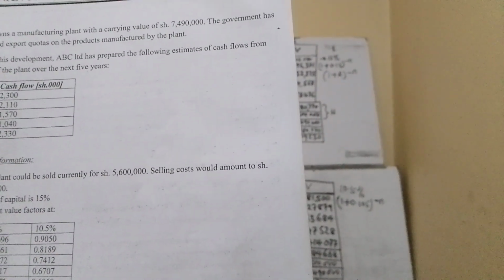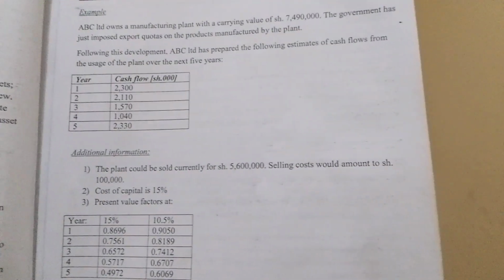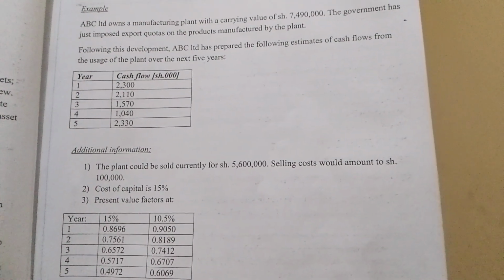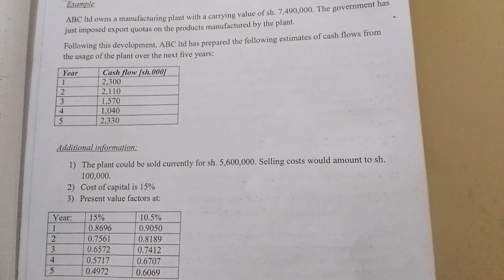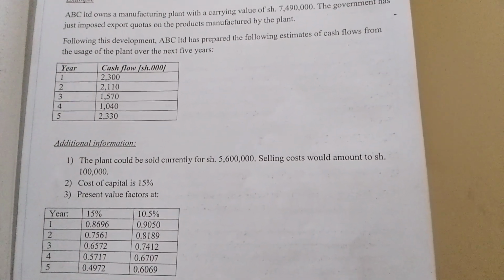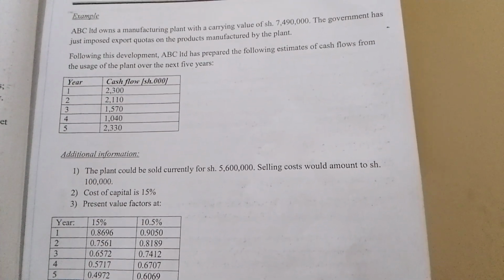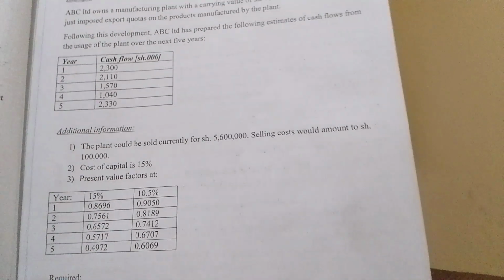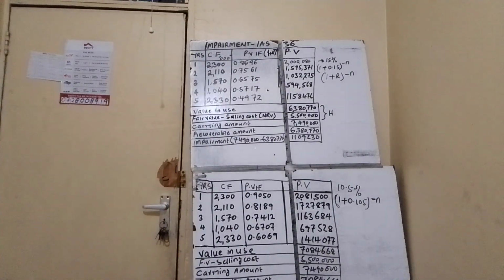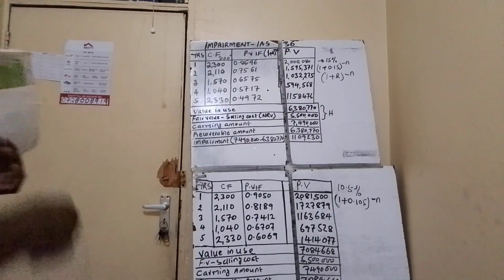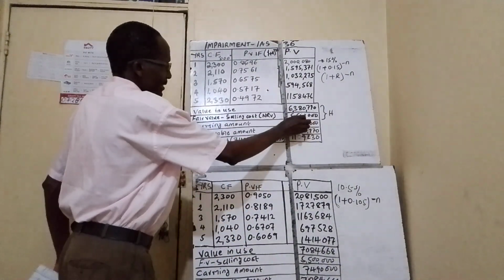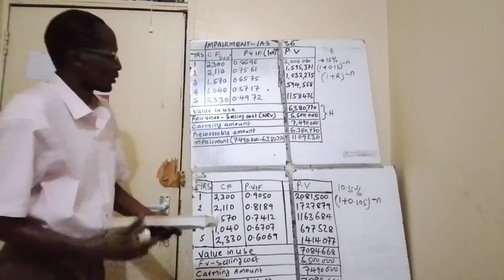Selling costs would amount to shillings 100,000. So what is my net realizable value? It is 5.6 minus 100,000, which is 5.5. So the net realizable value will be 5.5. That is how I got here. My net realizable value, 5.5.